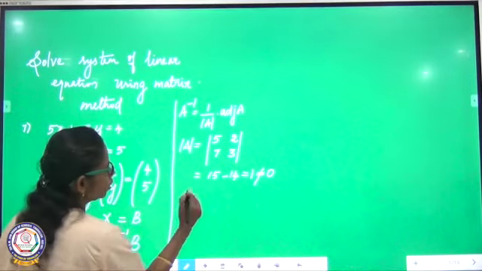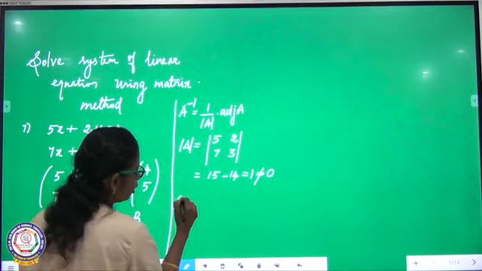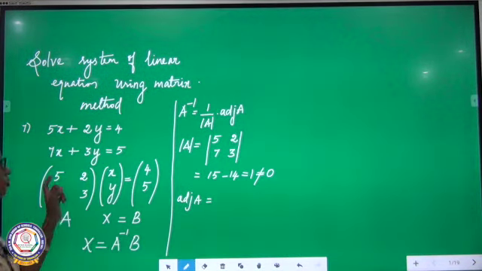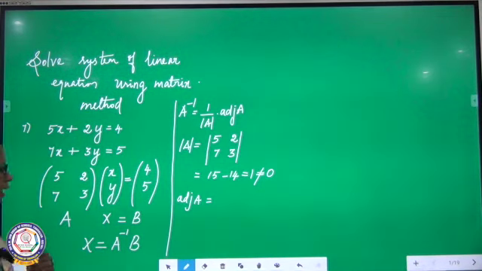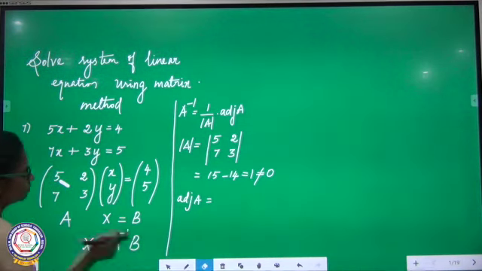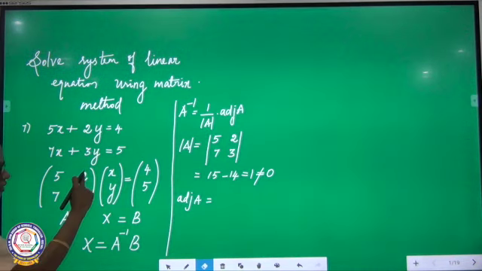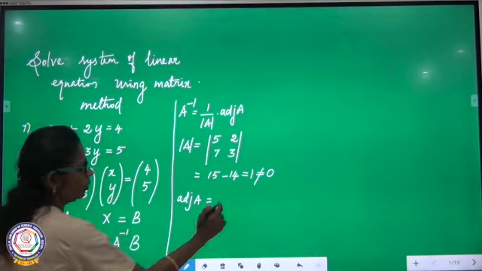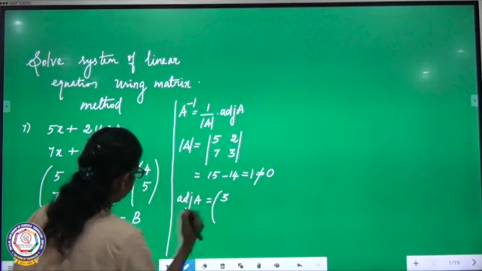Now what are the things we need? Determinant A we got it. Adjoint of A. I taught you if it is 2 by 2, you can find the adjoint easily. How to find adjoint? Change the main diagonal entries. Change the sign of the sub-diagonal entries. Change the main diagonal entries, that is 3, 5.